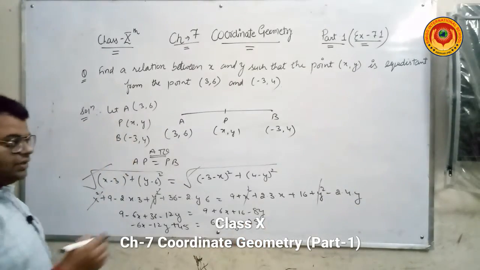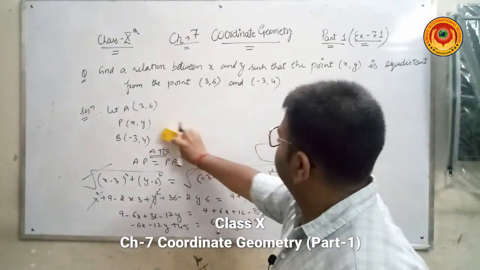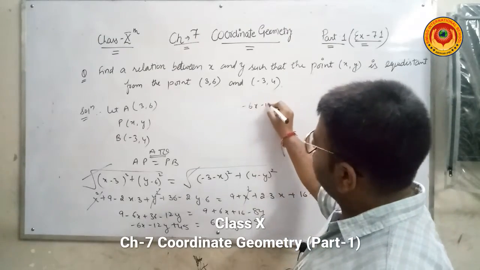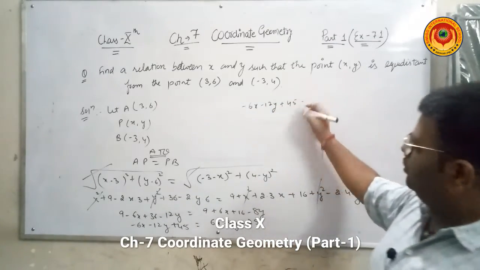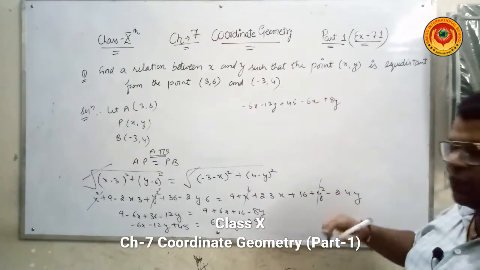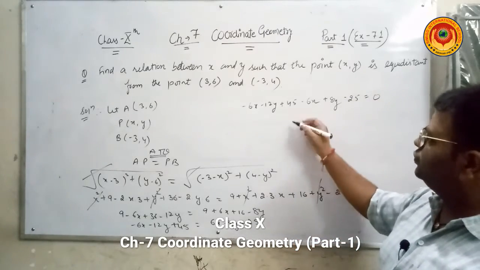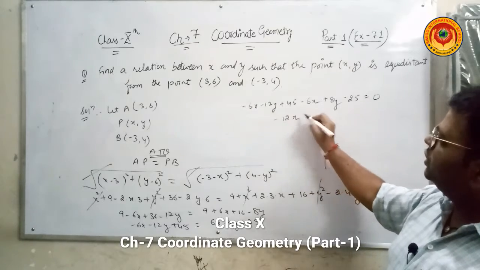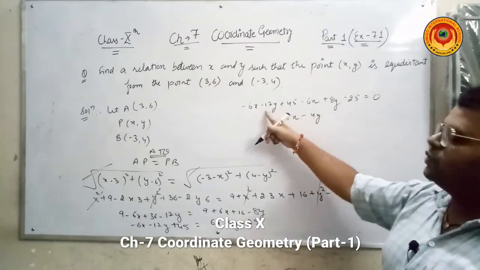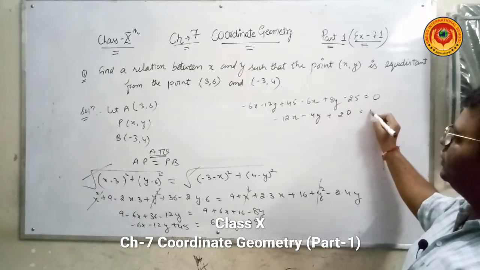Shift all to one single side: minus 6x minus 6x gives minus 12x, minus 12y plus 8y gives minus 4y. Which sign? Minus, because the largest term is negative. Now 45 minus 25 is 20.